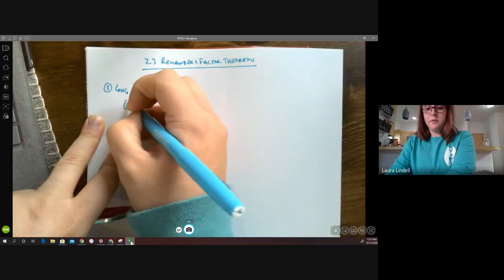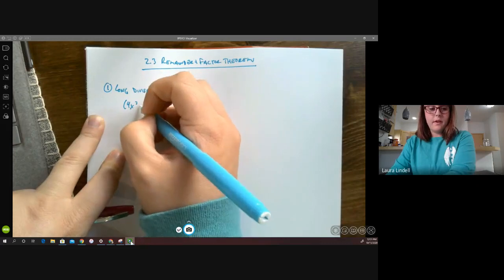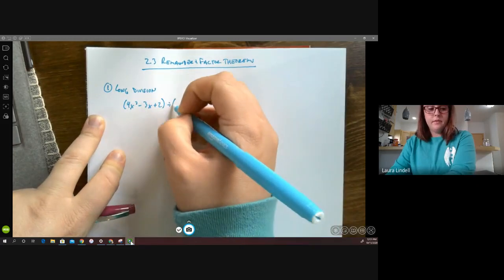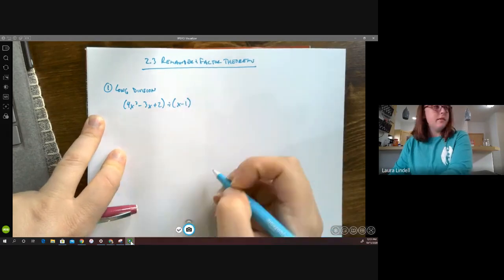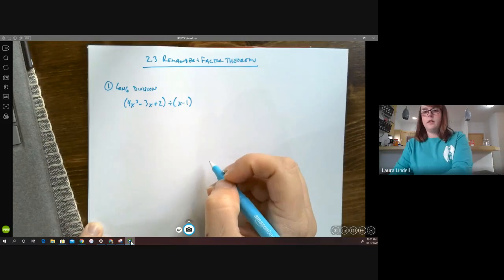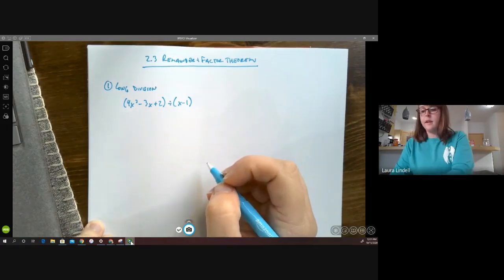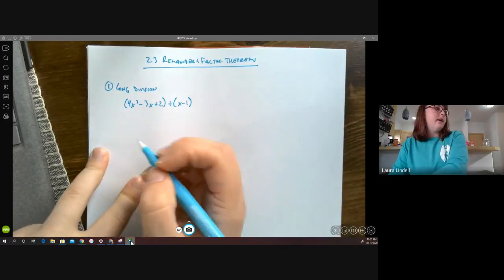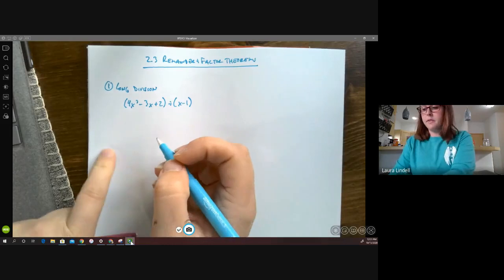We are going to do 4x to the third minus 3x plus 2 divided by x minus 1. Okay. So setting up long division looks just like setting up long division did in elementary school.